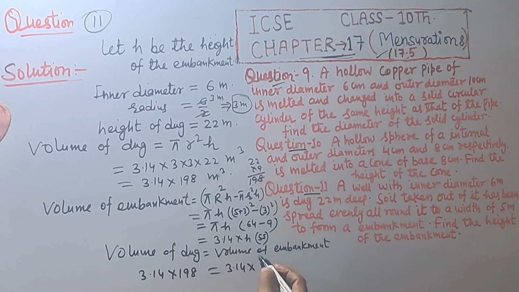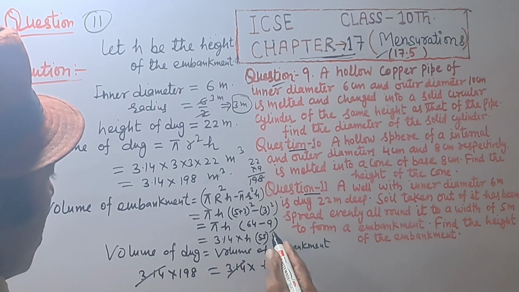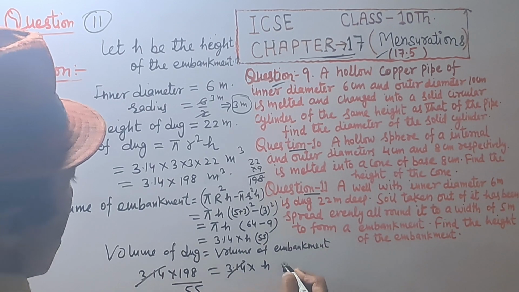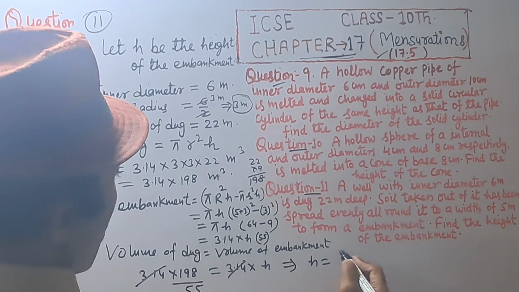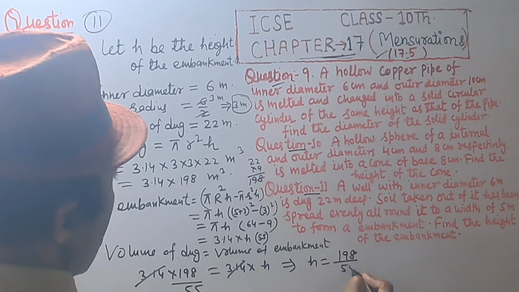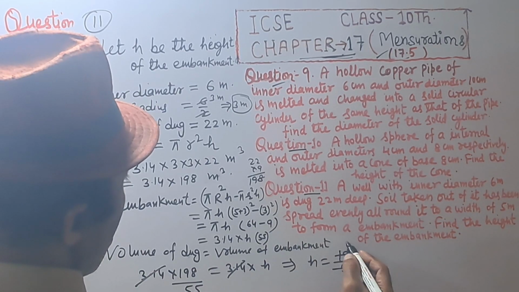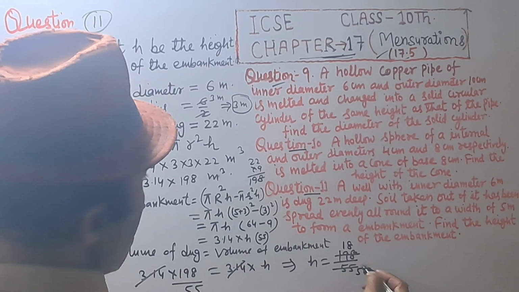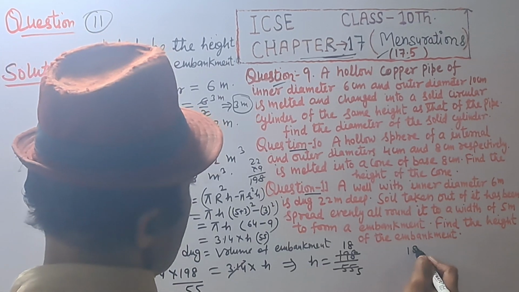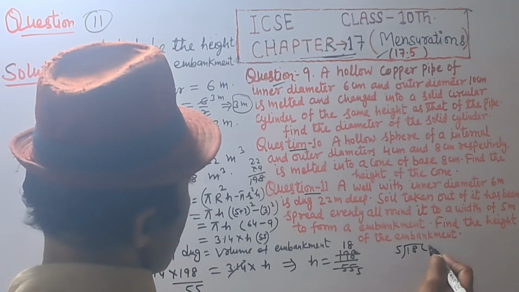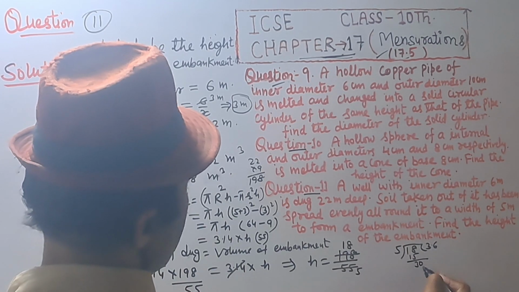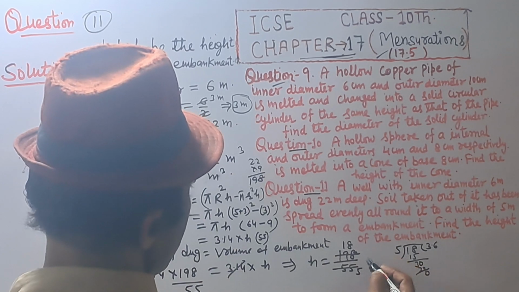Pi is 3.14 and this is cancelled. Height h equal to 198 divided by 55, that is 11 ones are 11, 11 eights are 88, 11 fives are 55. So 18 divided by 5, 5 threes are 15, 3.0, 5 sixes are 30.